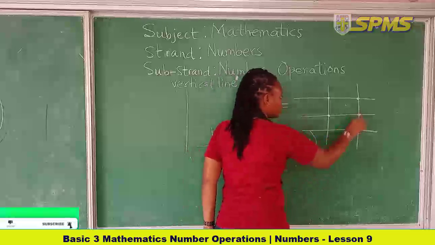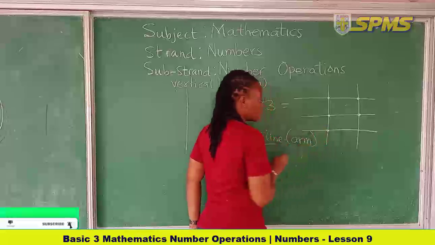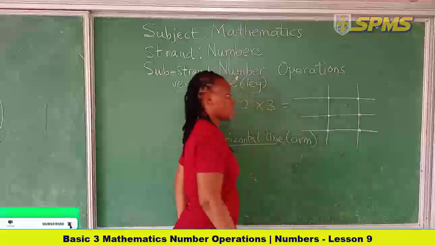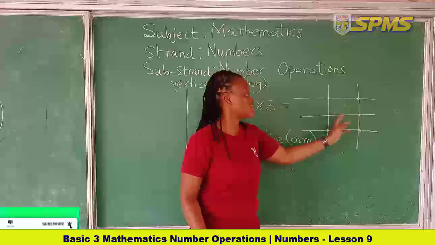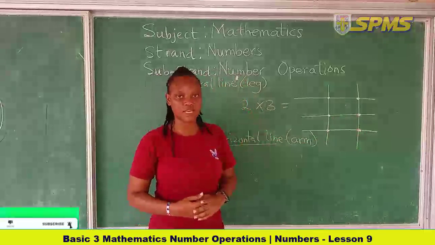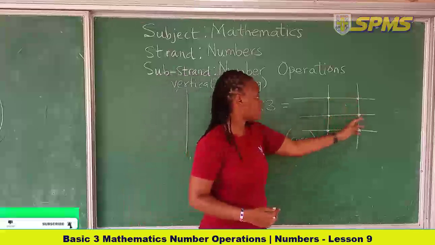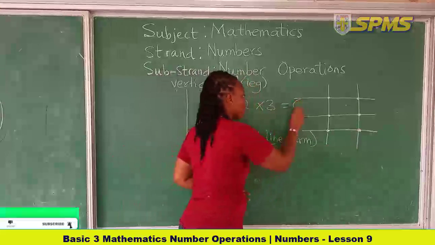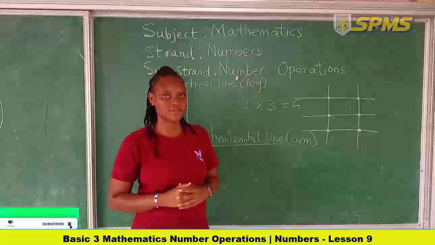Another one here. 4. And then we have another one, which is 5. And then another intersection here, which is what? 6. So the intersections will tell us the answer for our multiplication. So we have 1, 2, 3, 4, 5, 6. 6 of the intersections. Therefore, 2 times 3, we have 6.